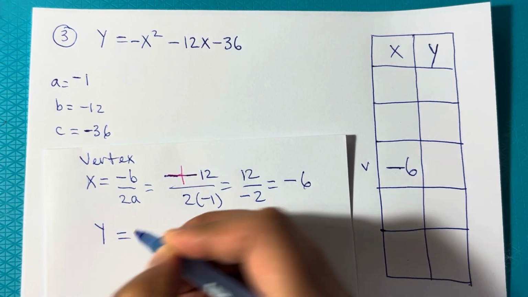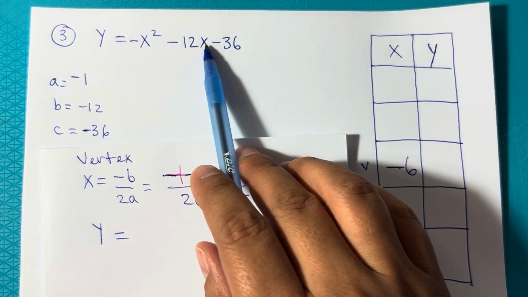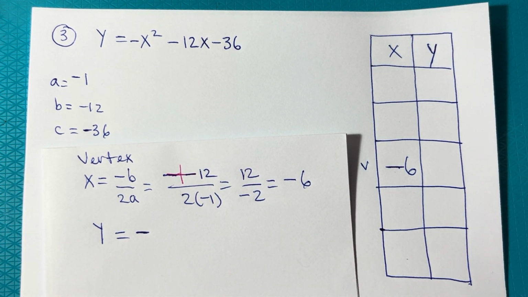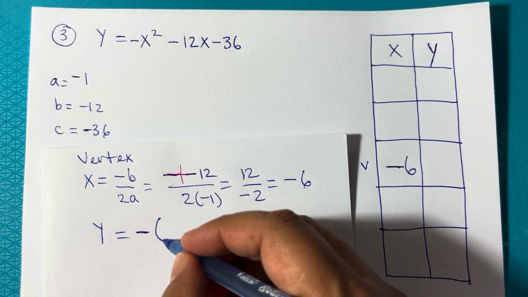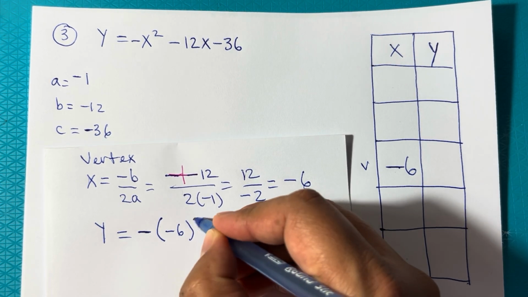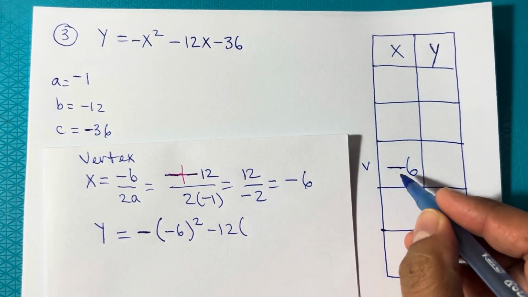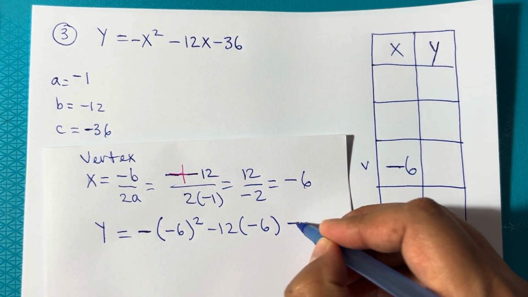To find y for that vertex, we replace x with -6 in here and in here, but be careful. We have negative, and we have to put this -6 between parentheses because it's negative, squared, minus 12 times -6, minus 36.